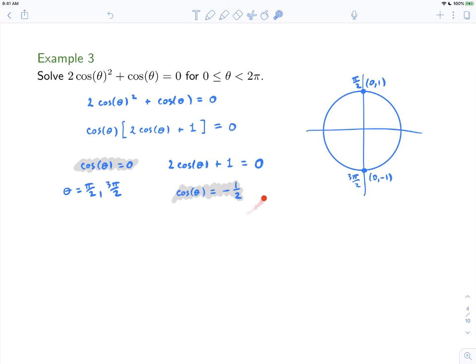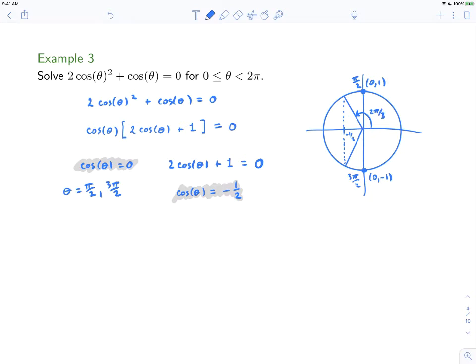But now we have this other equation. Cosine of theta equals minus 1/2. Again, we're looking at the x-coordinate. If the x-coordinate is minus 1/2, that's over here. So that gives us this angle and this angle. The first of these angles is 2 pi over 3.